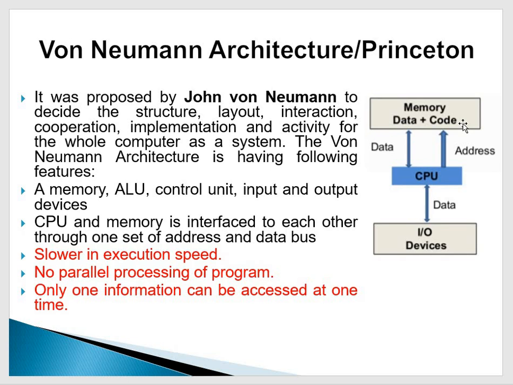Whatever task we want to perform, we will have to write a program, and that program will be stored in the memory. The CPU or processor will read the instructions one by one from the memory and execute them.